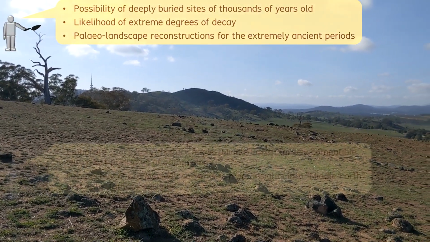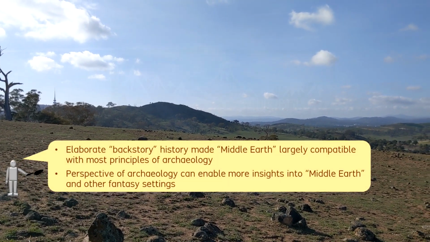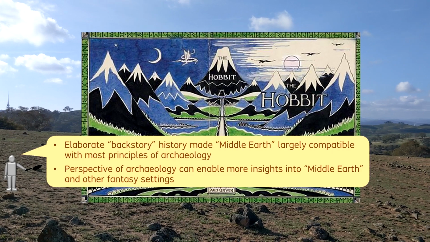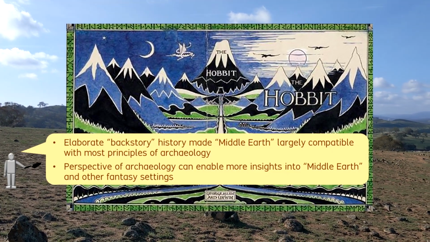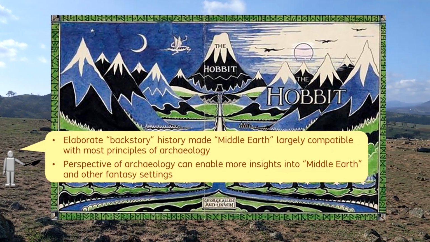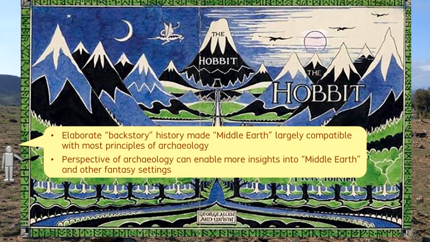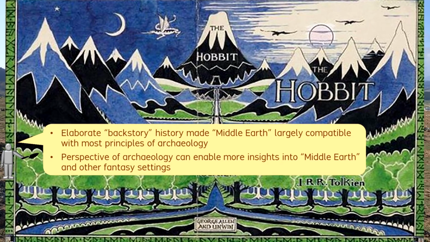The extensive backstory of Middle-earth has enabled the possibility of imagining what an archaeological study might look like. Furthermore, at least some knowledge of archaeology in general can offer more insight and appreciation of Tolkien's Middle-earth.